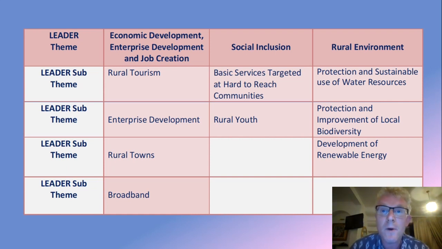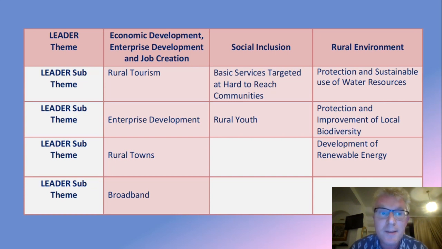The second key theme revolved around social inclusion, building basic services which are targeted at hard to reach communities. Examples of that would be the Traveller population, Roma and Gypsy populations, also looking at people with disabilities, and it also included the long-term unemployed.